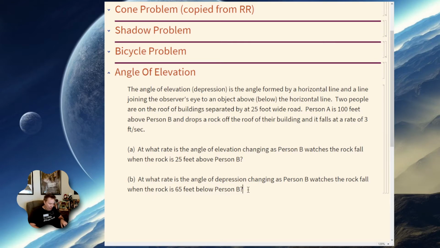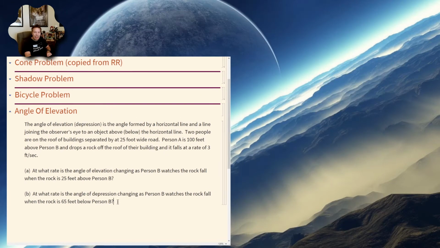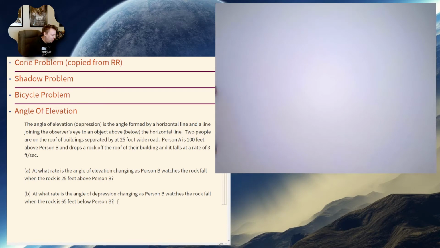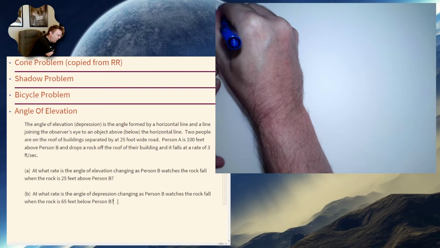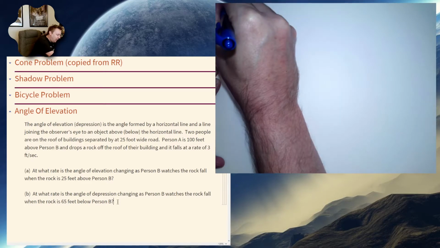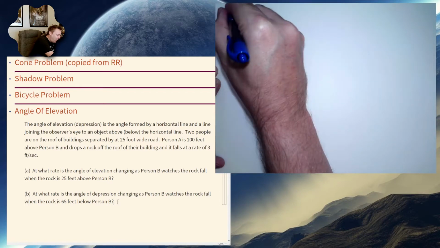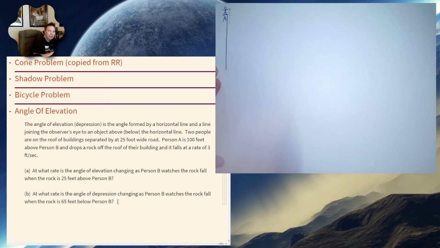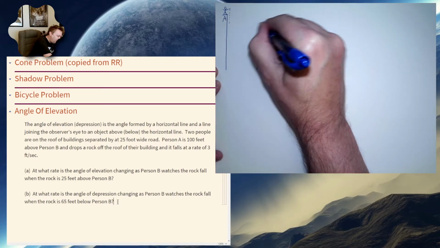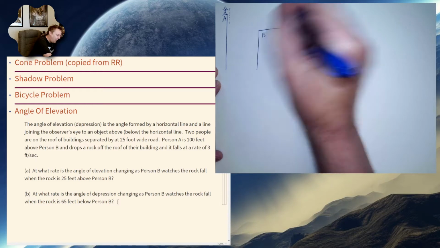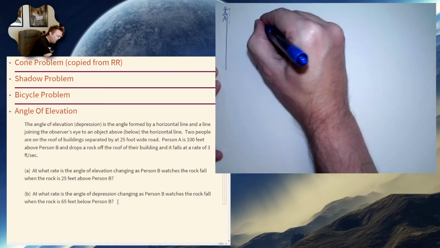So let's see if we can put this all together in a nice picture. Over here, I am going to have building A or person A, and I'll draw a little tiny stick figure here. They're going to take a rock and drop it down here. And person B is going to be on another building, 100 feet below.